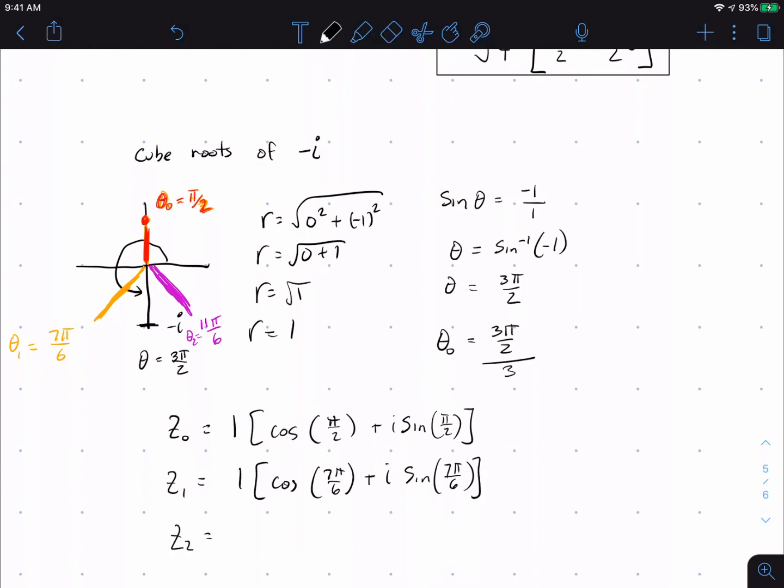And z2 would have been 1 cosine of 11 pi over 6 plus I sine of 11 pi over 6. And those end up being the same numbers that we had, correct? So the formula, or looking at it and understanding how to use the formula, is very, very beneficial, right?